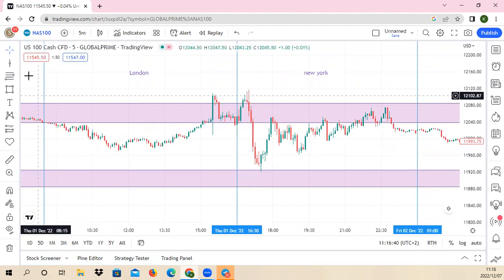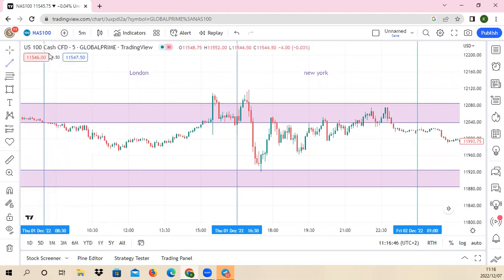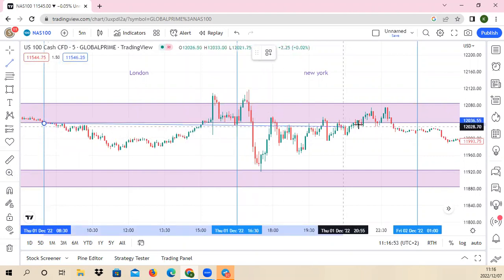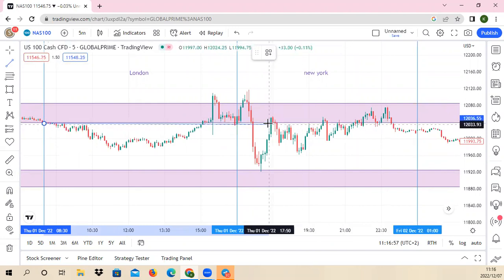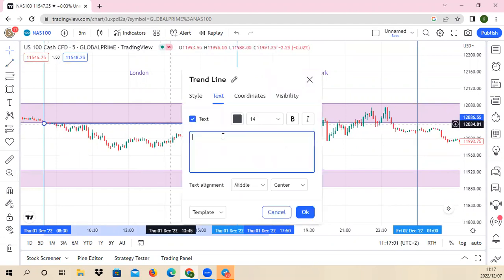Firstly, you have to mark where the London session opens. Usually where the London session opens will be kind of our equilibrium in the market, our middle point, you would say our median in some jargons.